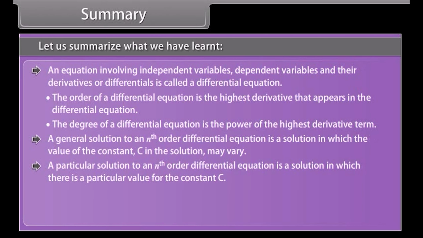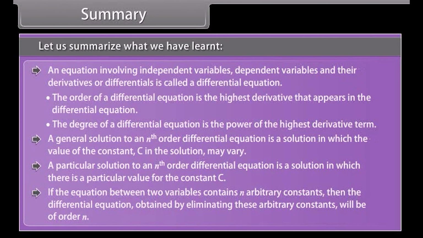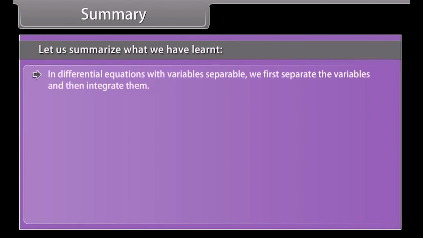A particular solution to an nth order differential equation is a solution in which there is a particular value for the constant c. If the equation between two variables contains n arbitrary constants, then the differential equation obtained by eliminating these arbitrary constants will be of order n. In differential equations with variables separable, we first separate the variables and then integrate them.